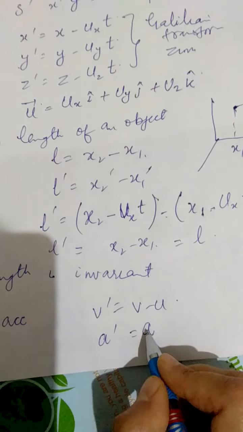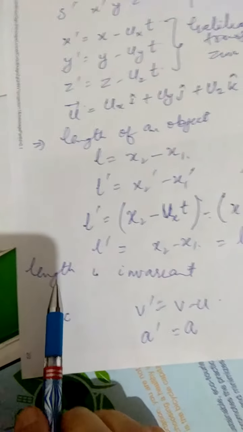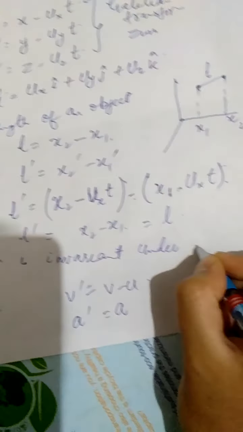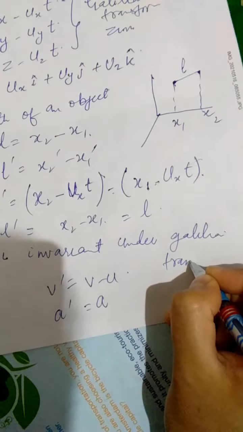So a dash is equal to a, right? So we can write that acceleration is invariant under Galilean transformation.